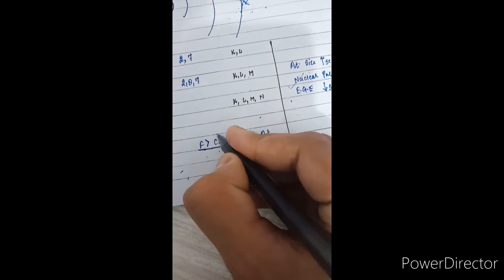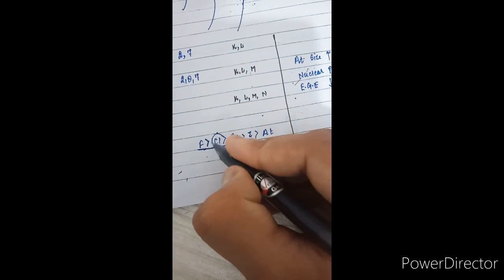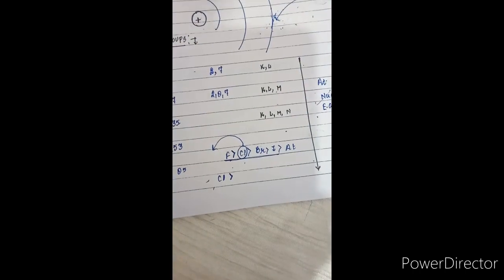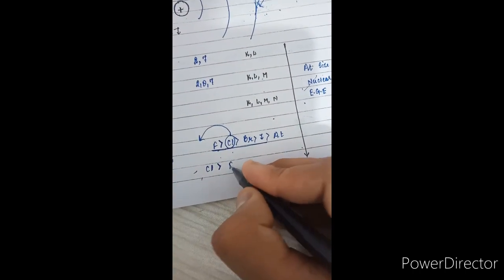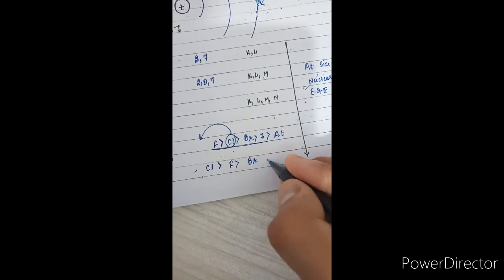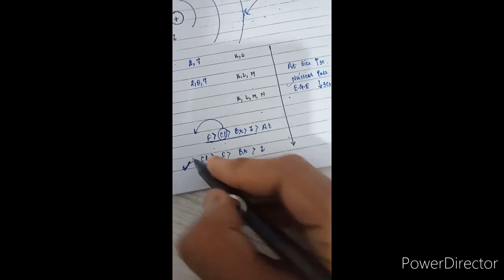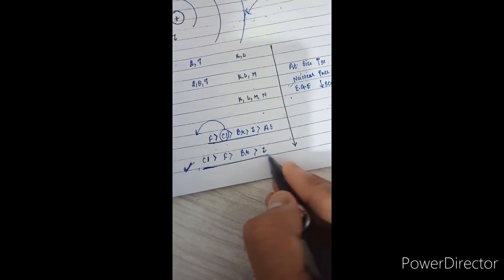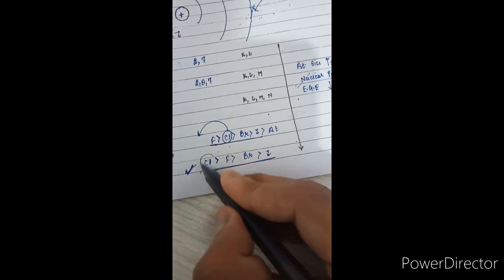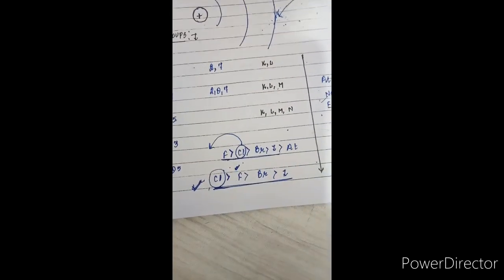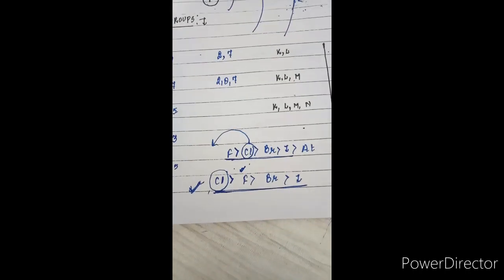But in reality the order is different. Chlorine takes the first position: chlorine, fluorine, bromine, iodine. Means in reality the electron gain enthalpy of chlorine is higher as compared to fluorine.